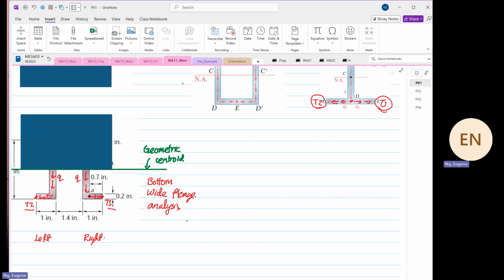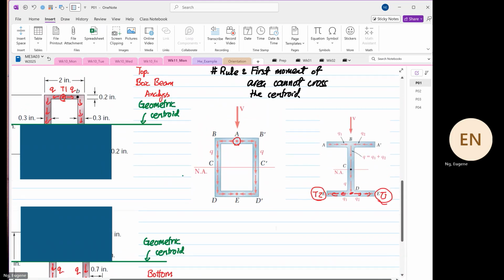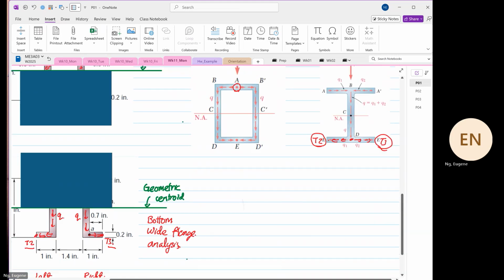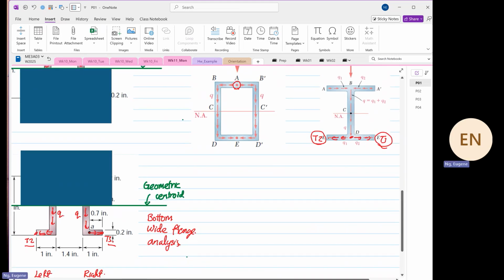Once you have sorted this out, it's easy, right? You just need to cover. We don't know that the rule is the first moment of area cannot cross the center. We just cover it. And we realize that it is like a box beam. And then at the bottom is like a what?